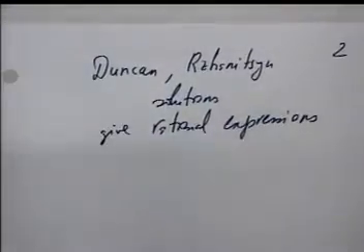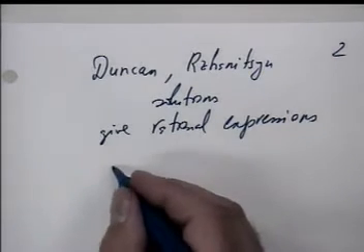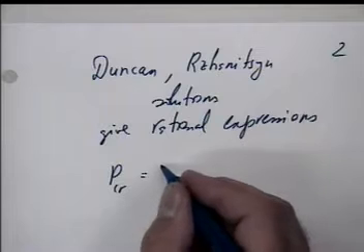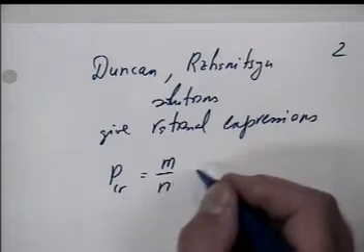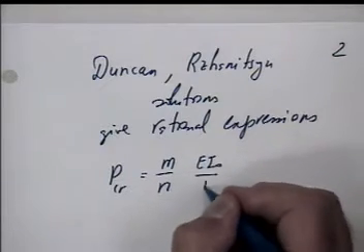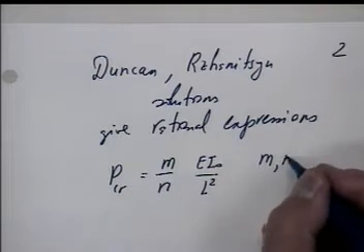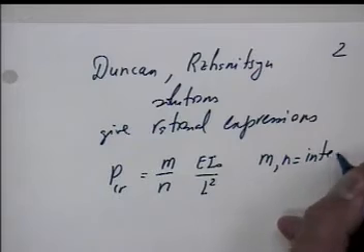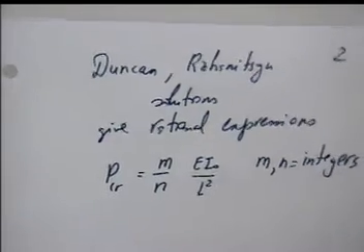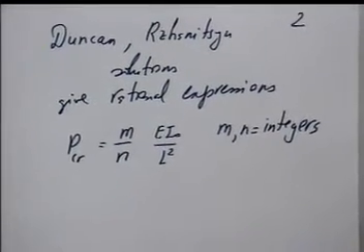Okay, numbers are rational. Rational expression means that P critical can be written as M over N times EI0 over L squared, where M and N are integers. Okay?